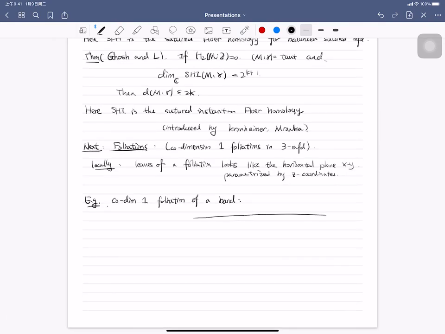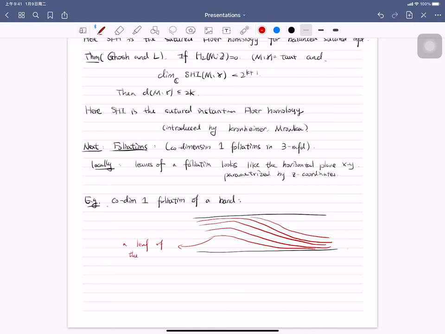Codimension 1 means each slice is actually a curve. So you can imagine there are infinitely many curves there, and each one of them is a leaf of the foliation.